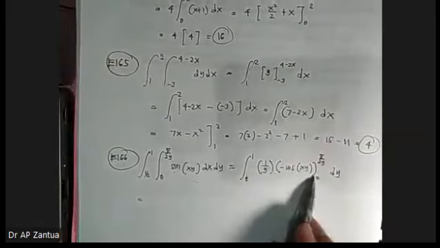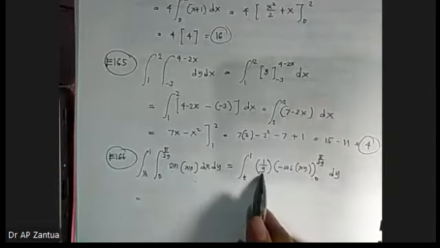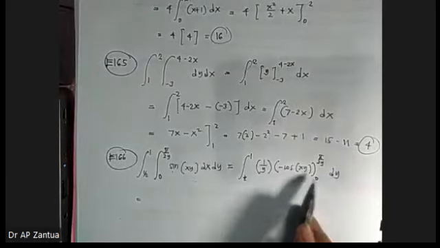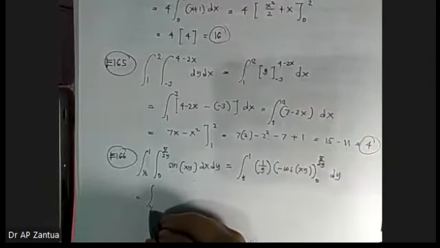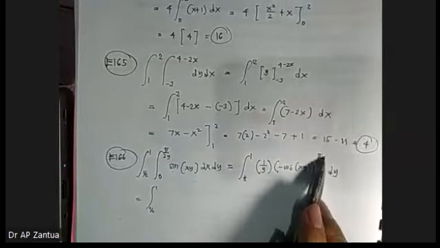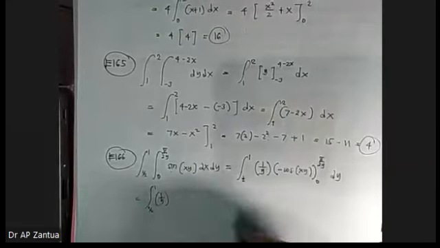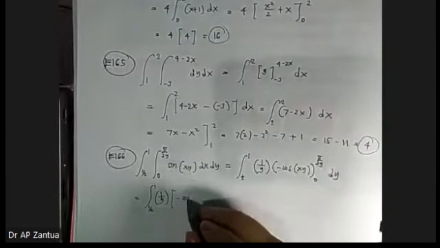Okay? Evaluate first before another integration. This is now a variable because now the integration will become with respect to y. So, anyway, let us evaluate first. So, 1 over y, negative cosine.